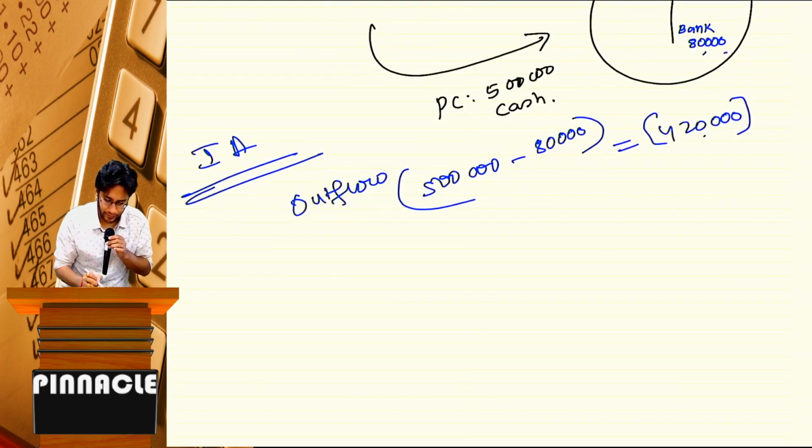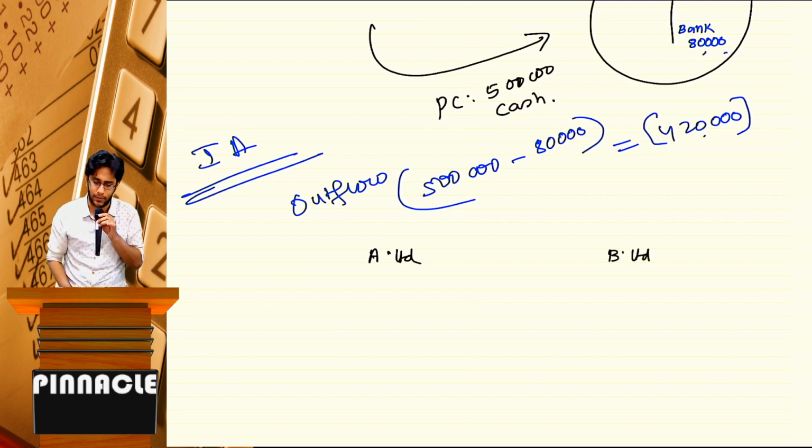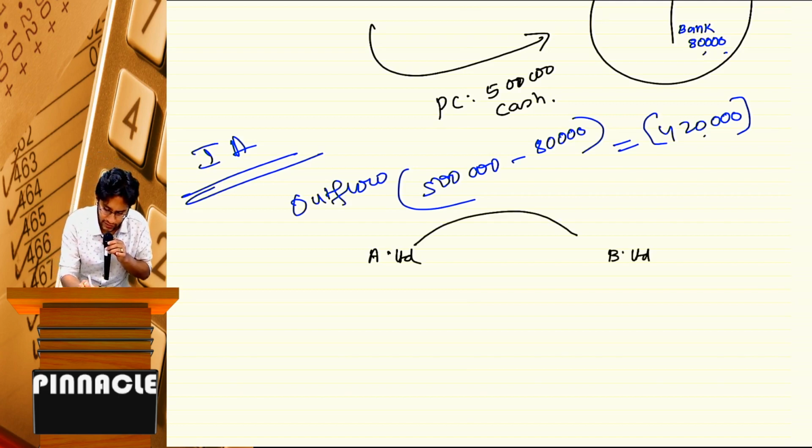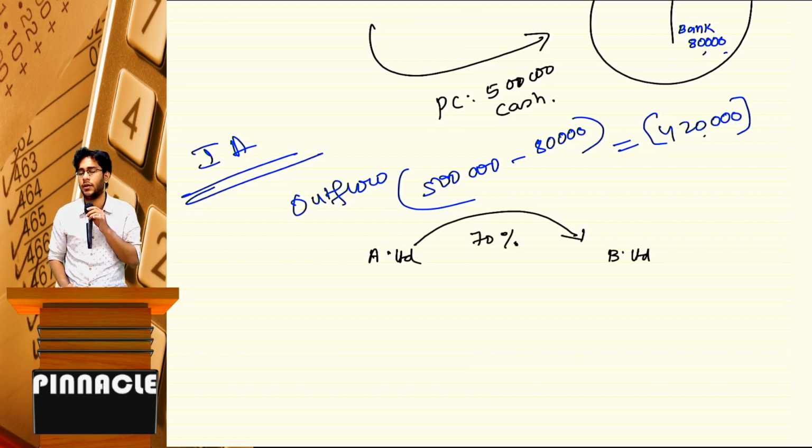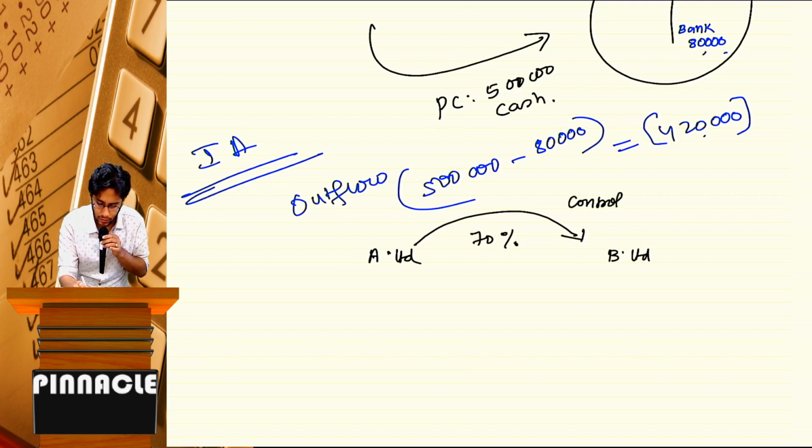Next point. Sir, A Limited is there. There is a separate altogether new company called B Limited. This fellow freshly purchased 70% shares in this company today only. Because he purchased 70% shares, he acquired control.